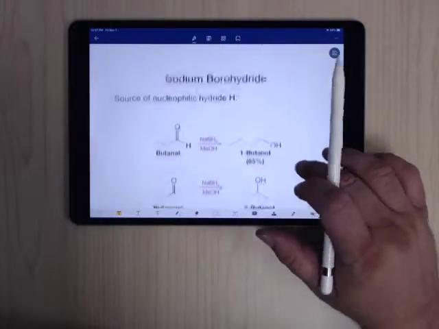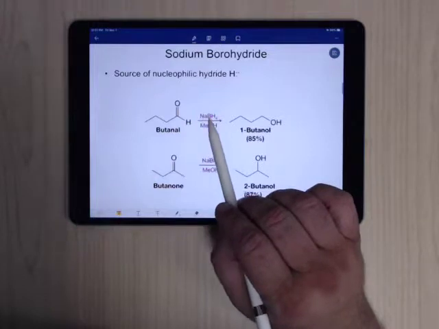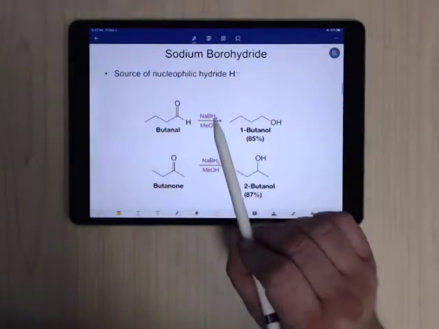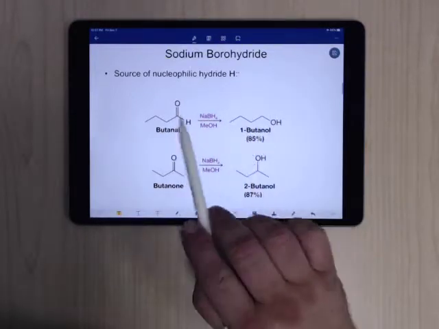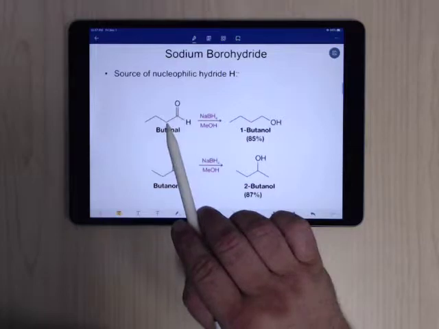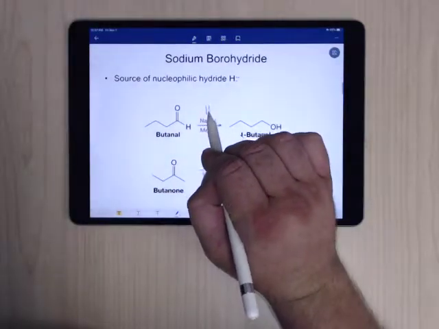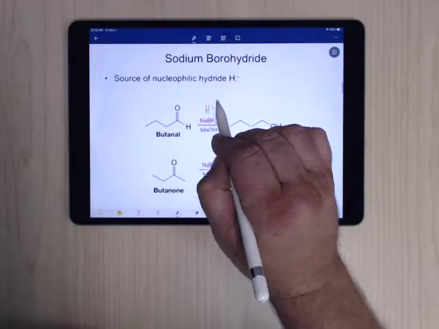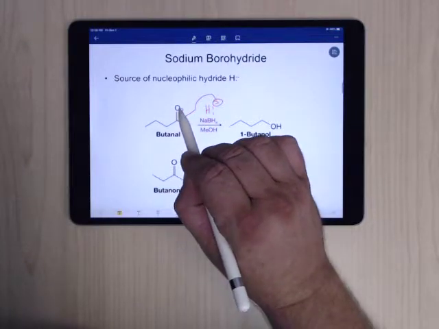But with sodium borohydride, this one is very similar, right? Boron is just right above aluminum in the periodic table. This one can really only convert... It'll still get a nucleophilic attack, right? So that's going to come in, attack there, kick that up.